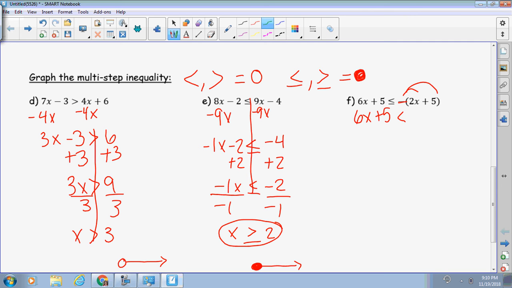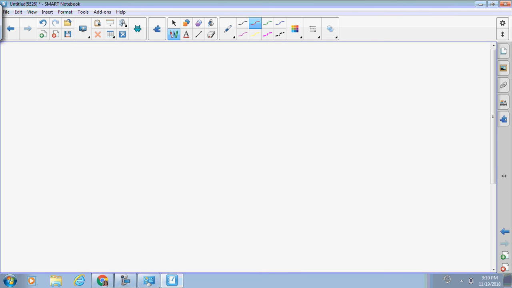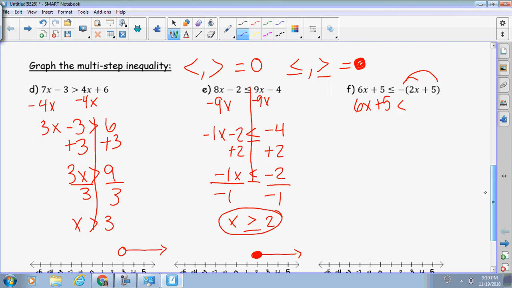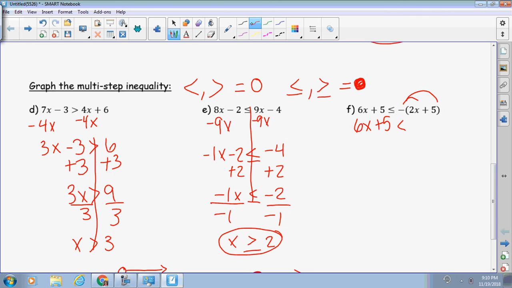So guys, we're going to get negative 2x minus 5.